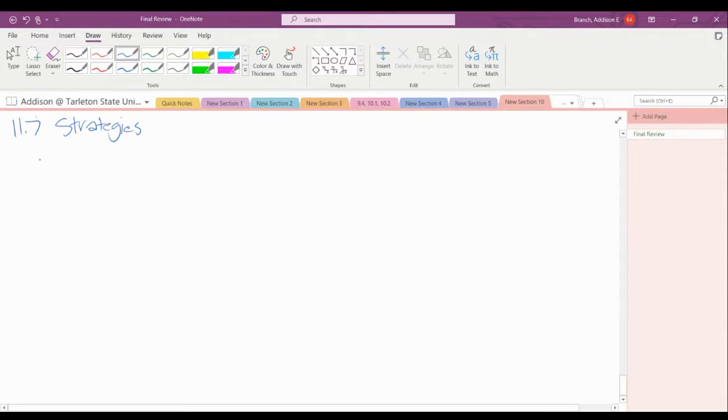So just some quick tips for format. If you have anything with some sort of 1 over n to the p, so just n to something, that's an automatic p-series.